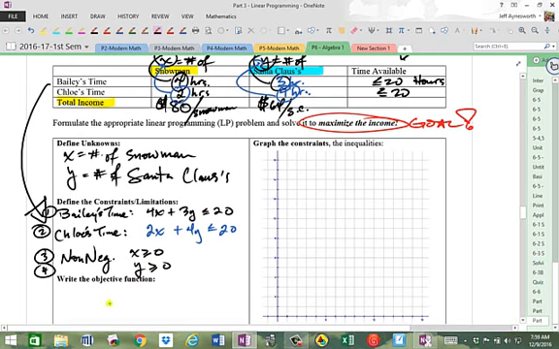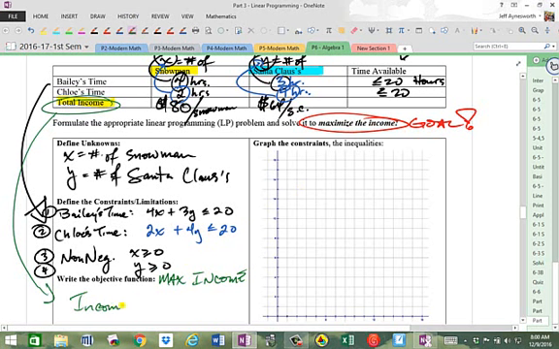All right, so let's write an income function here. Our goal is to maximize the income. So our income, the amount of money that we're making from both of these as we produce them, would be the money that we're making per snowman times how many we're making.